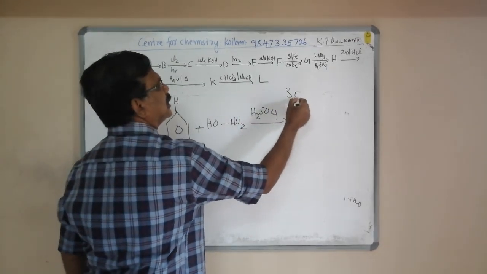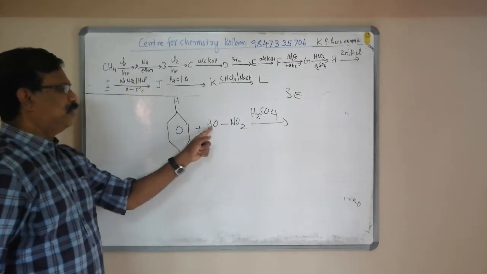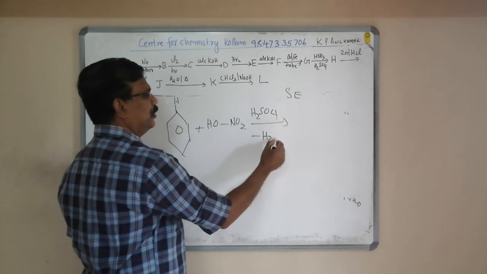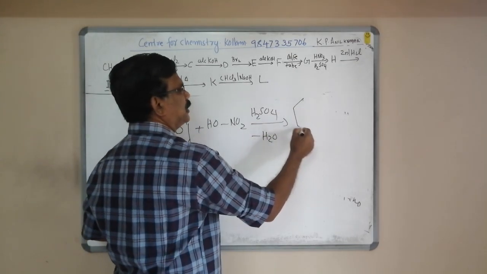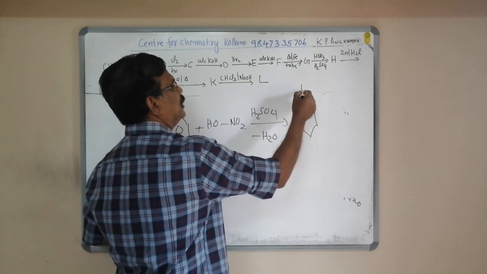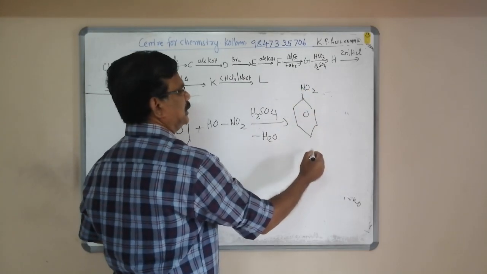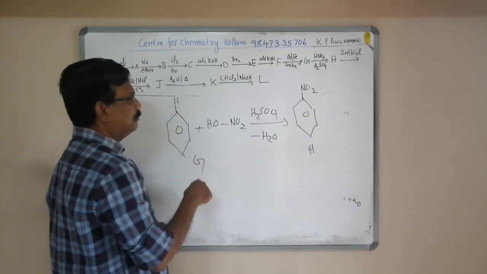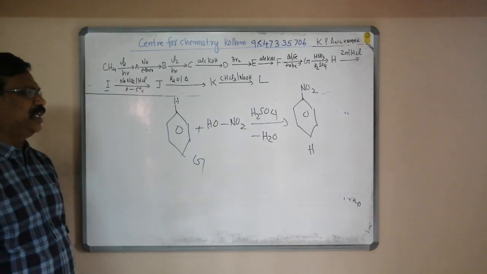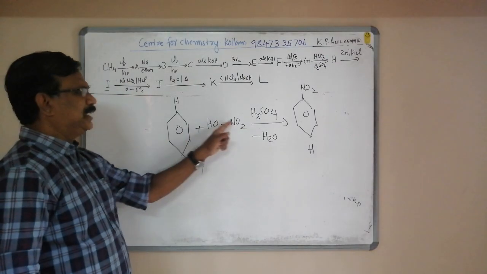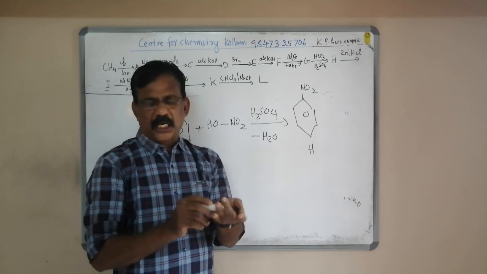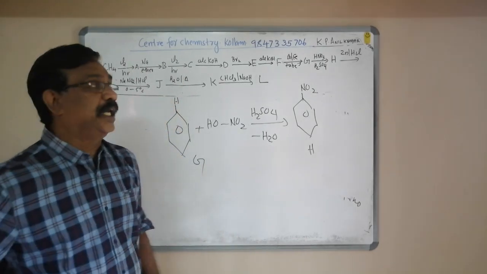Electrophilic substitution, H and OH leave as H2O, and nitrobenzene is the product. So H is nitrobenzene, G is benzene.